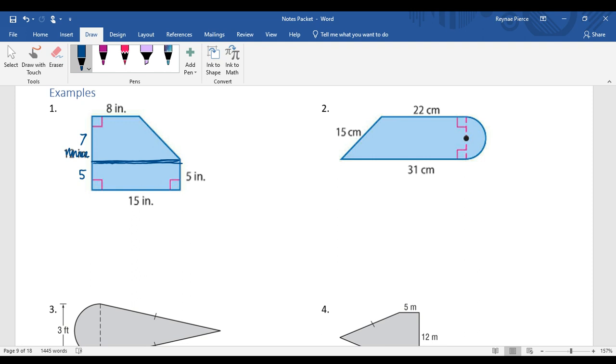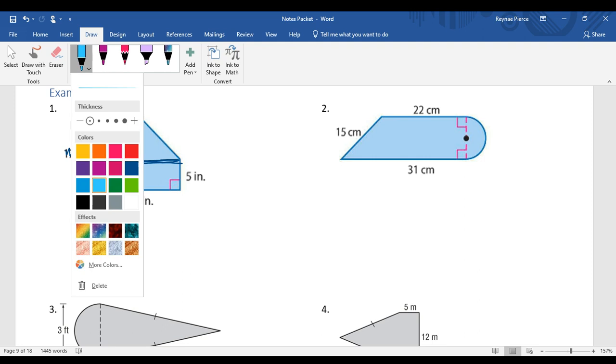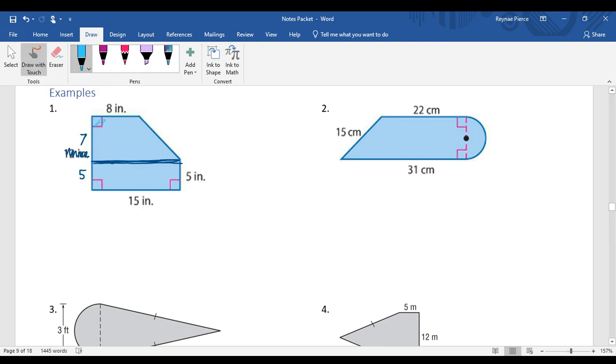This part up here, we'll do in 2 different colors. Up here, this light blue part is a trapezoid. So it's 1/2 the sum of the bases times the height. Remember, the bases are the parallel sides. They are not going to touch.